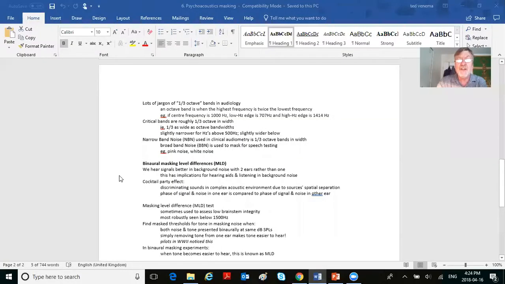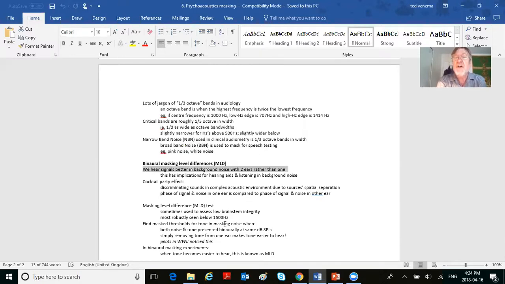So let's look at what we've got there. Binaural masking differences. We hear signals better in background noise with 2 ears rather than 1. This has implications for hearing aids and for listening in background noise. The cocktail party effect: discriminating sounds in complex acoustic environments due to a source's spatial separation.